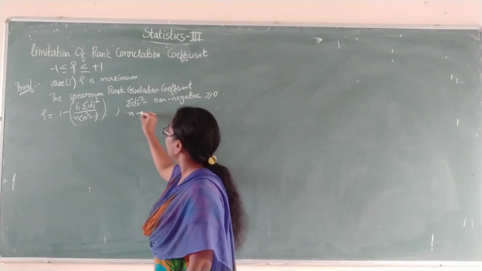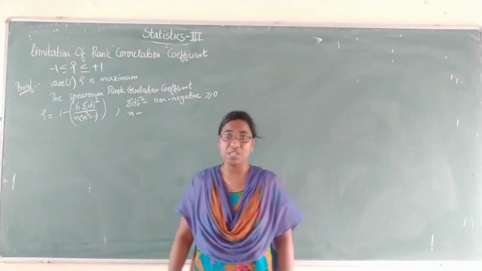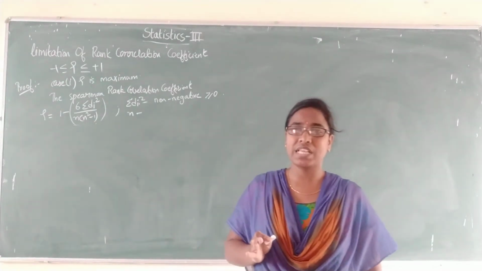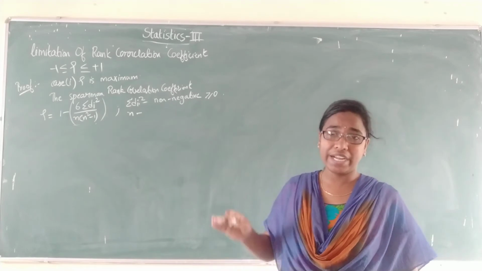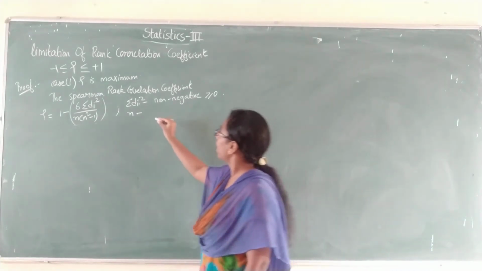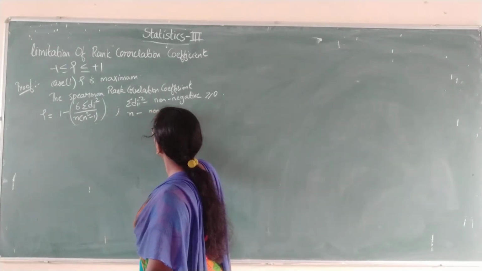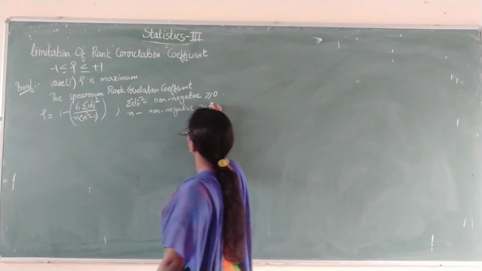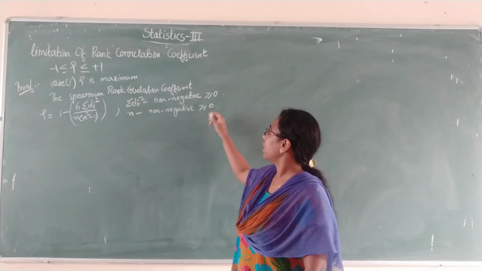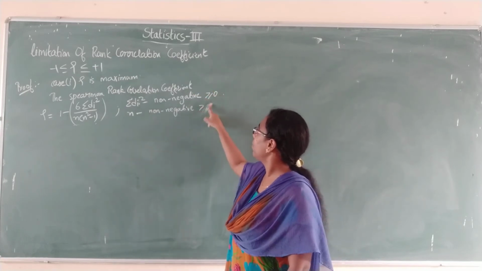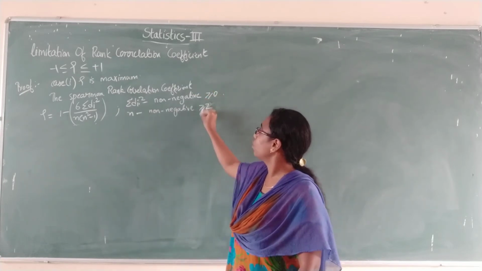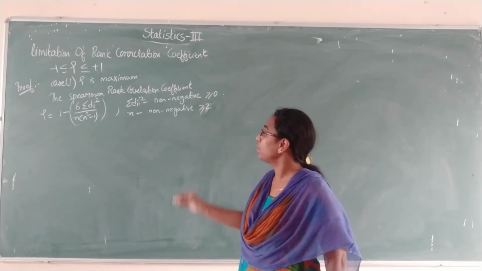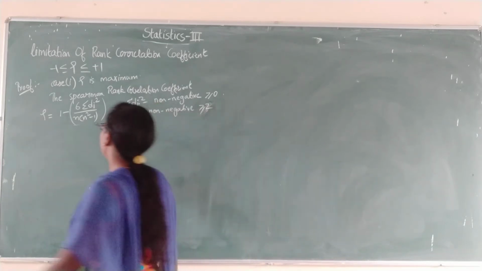And n is the sample size, which can never be negative, so it is always greater than 0. This value is also non-negative. Di square is greater than or equal to 0, and n will always be greater than or equal to 2, since there should be at least 2 values in a sample.